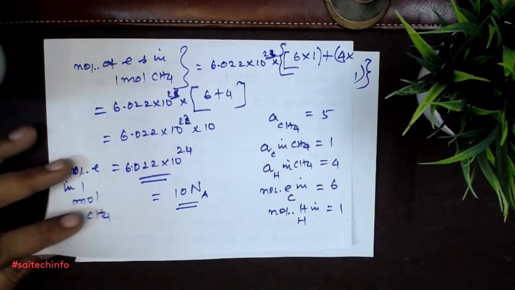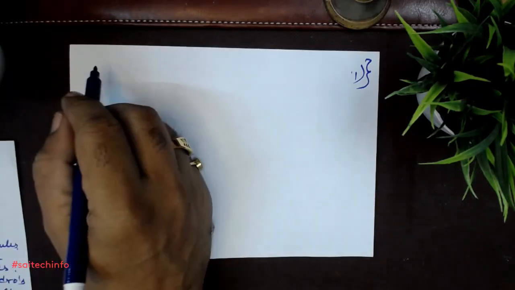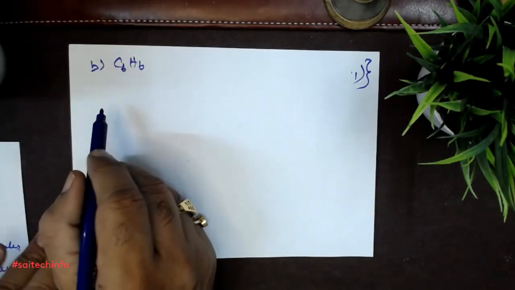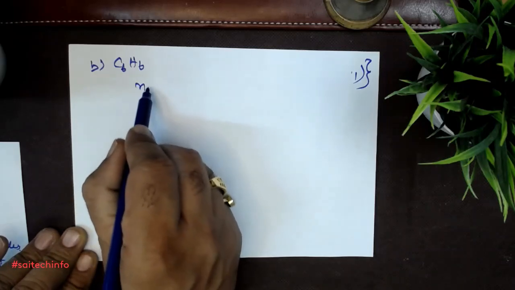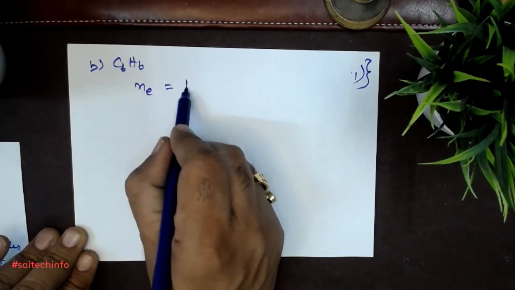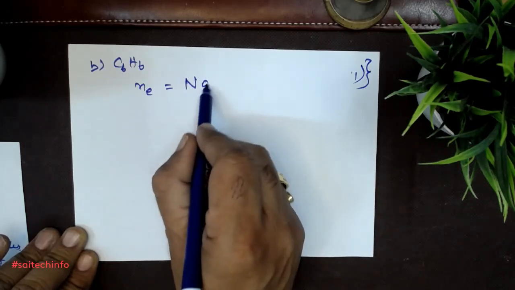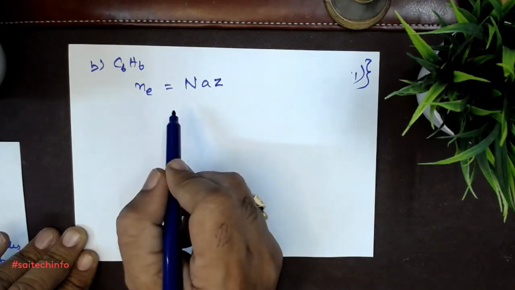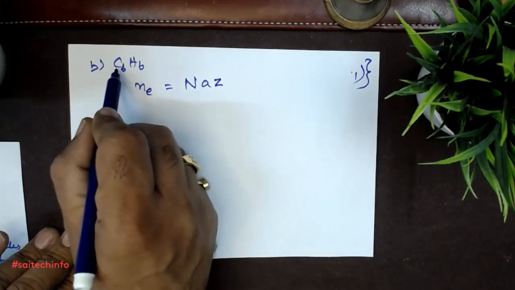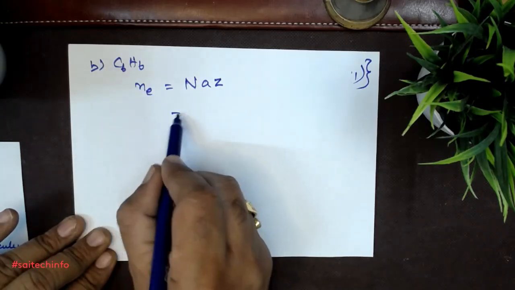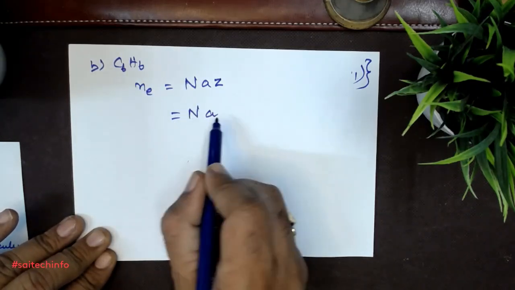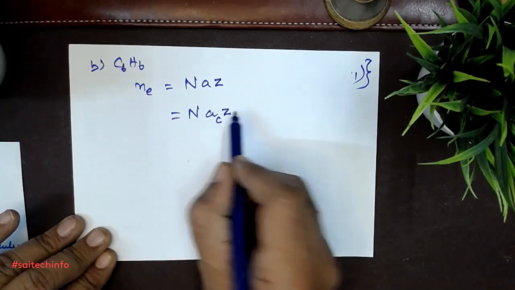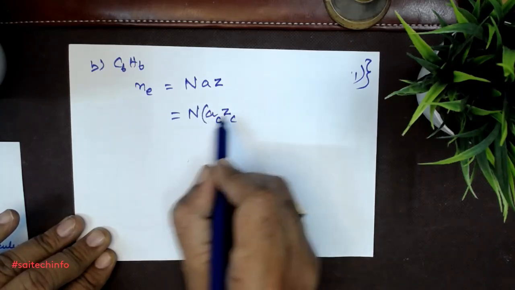Okay. So can you calculate similarly for H2SO4, C6H6? So what we are going to do, we have got already the number of electrons, that is equal to Avogadro's number into atomicity of the constituent atoms into its respective atomic number, okay. So here you have got 2 types of atoms. So one is N, atomicity of carbon and atomic number of carbon, okay.